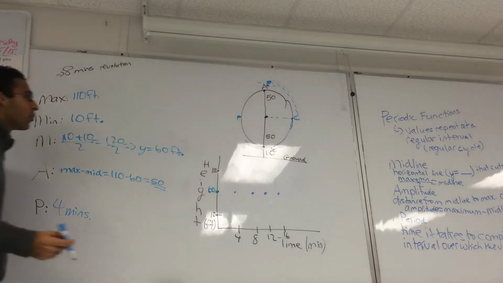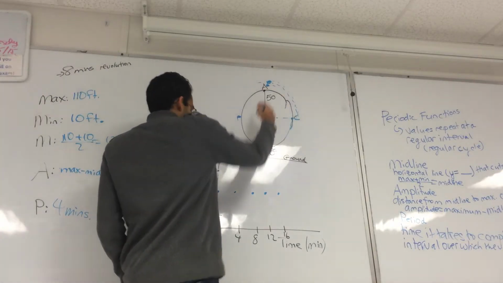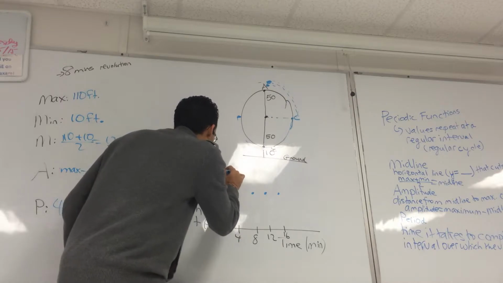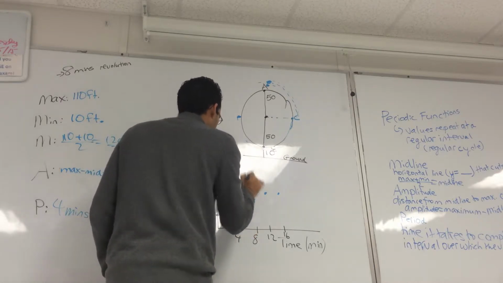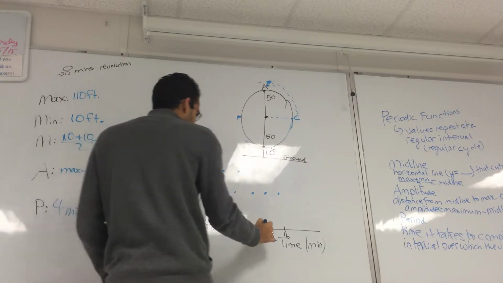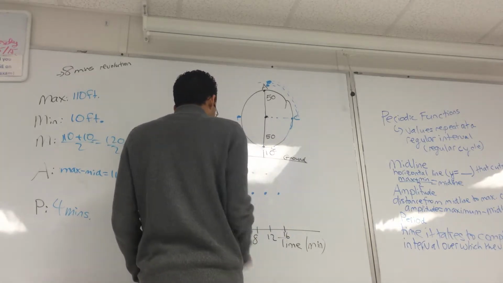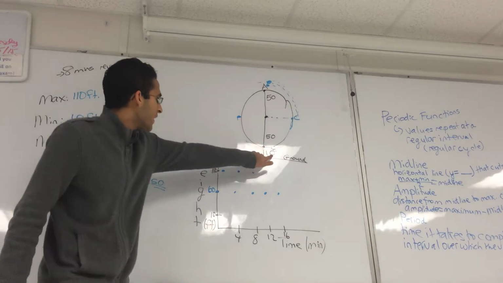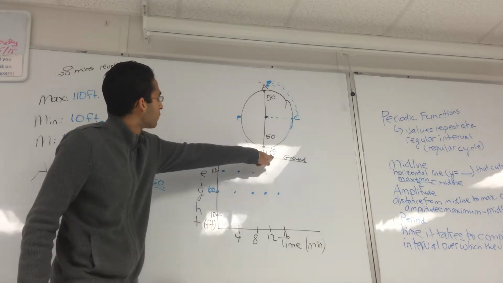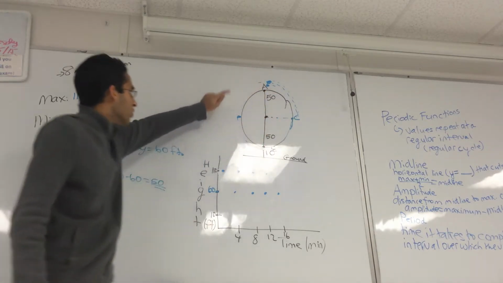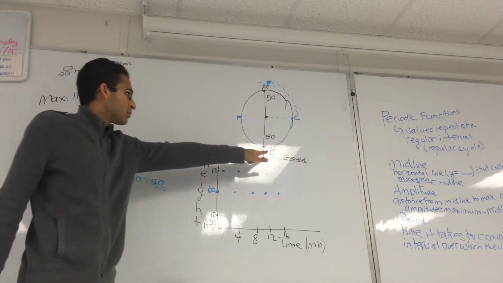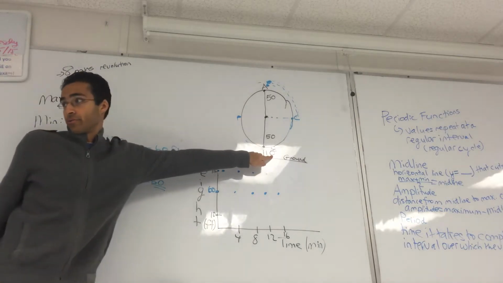Okay. So 1 minute later, I must be at 110. So 1 minute after that, and 1 minute after that. You could even write in the 1, the 5, the 9, the 13. And when do I get down here at the lowest point? Well, 1 minute to get here, 2 minutes to get here, must be 3 minutes to get here.